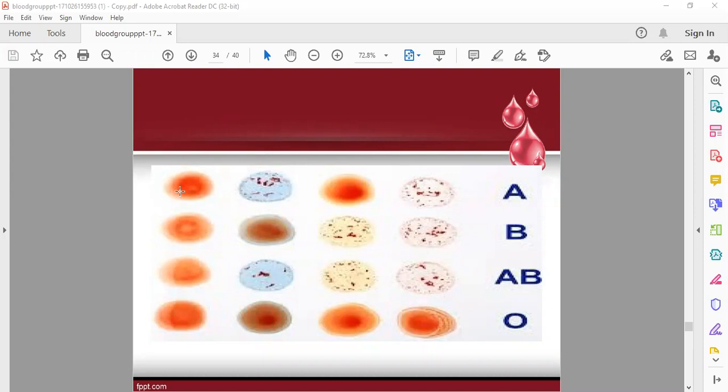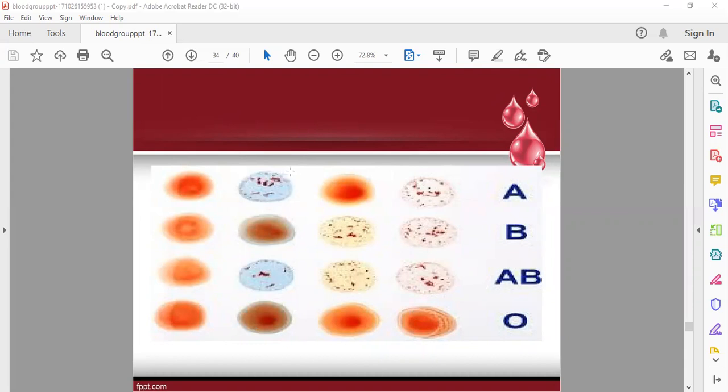In this experiment, this is the normal blood, and there are 4 slides in which the blood has been added: 3 drops of different blood groups on each. Suppose this is spot number 1, spot number 2, spot number 3.